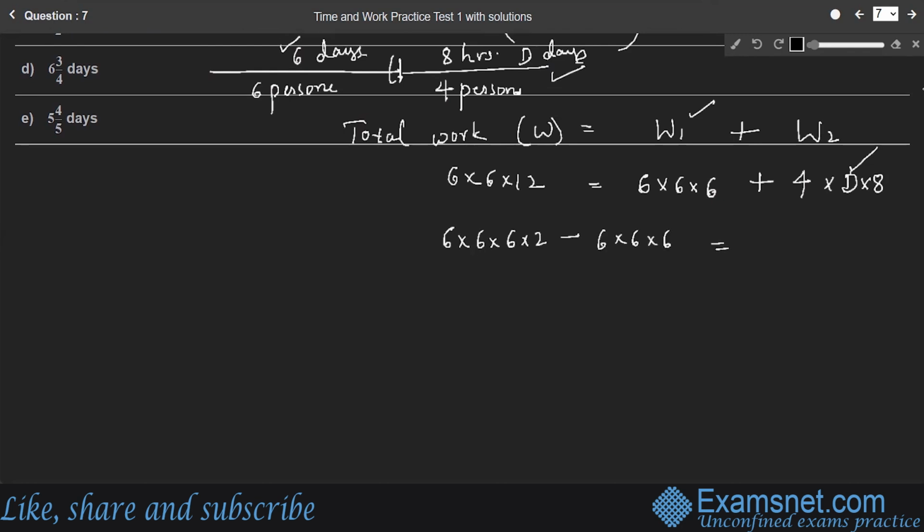So we have 8 into 4, 32D in the RHS part. So 6 into 6 into 6 is common, and 2 minus 1 gives 1, is equal to 32D. Therefore, D is equal to 6 into 6 into 6, that is 36 into 6, which is 216 by 32, right? So you can simplify it.